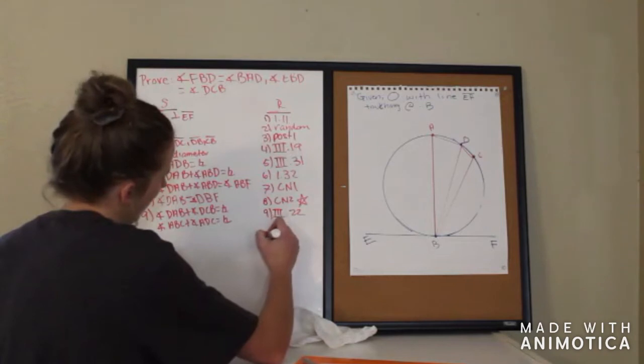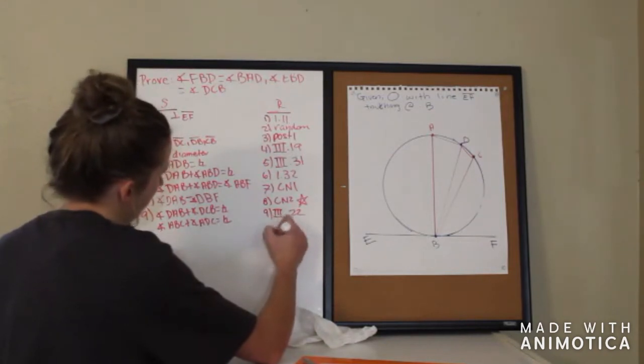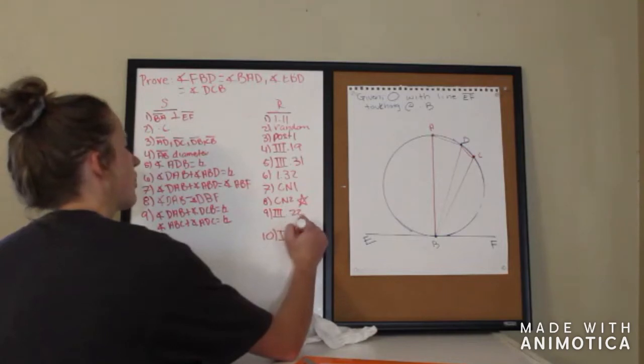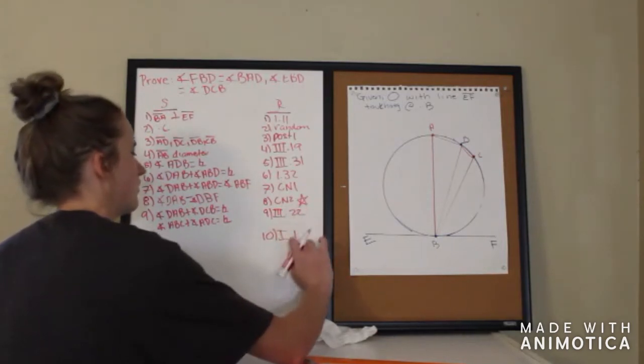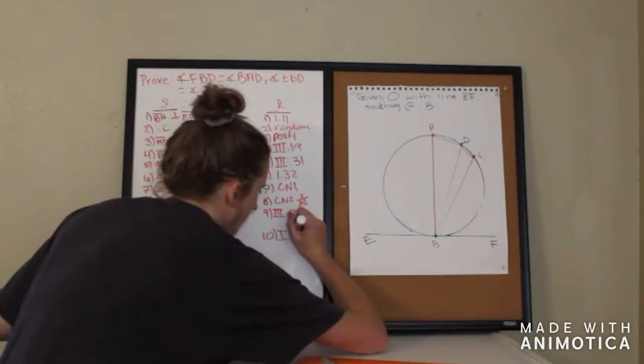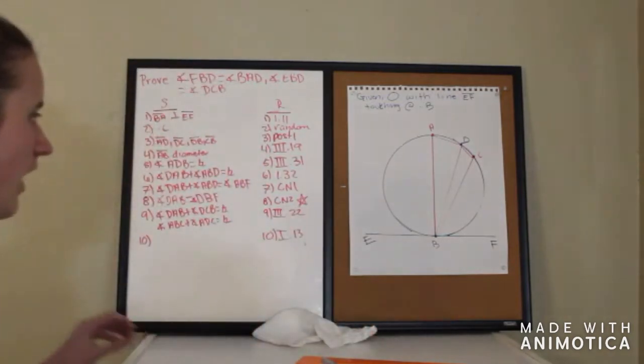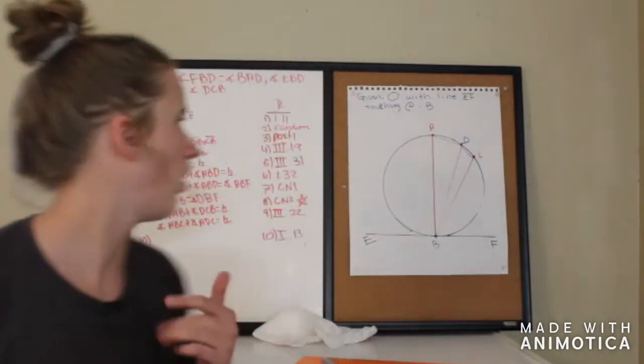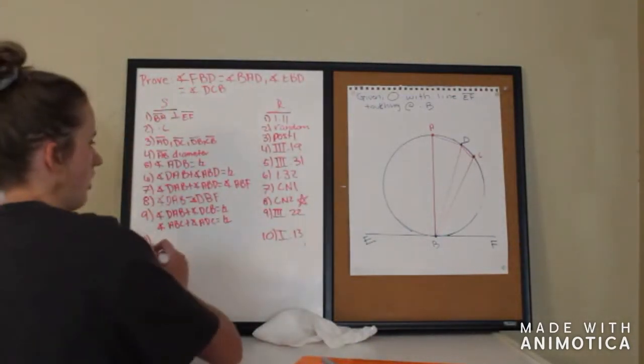And now from that, we're going to use Book 1, Proposition 13, to say that angles EBD plus angles DBF are equal to 2 right angles.